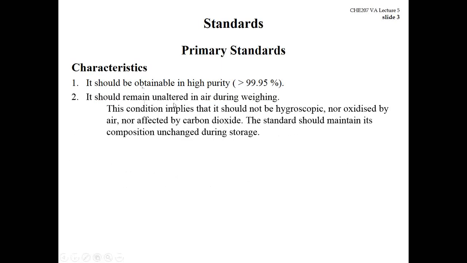It should remain unaltered in air during weighing. This means that it must not absorb water from the atmosphere. It must not react with water in the air. It must not react with oxygen in the air. It must not react with carbon dioxide in the air.